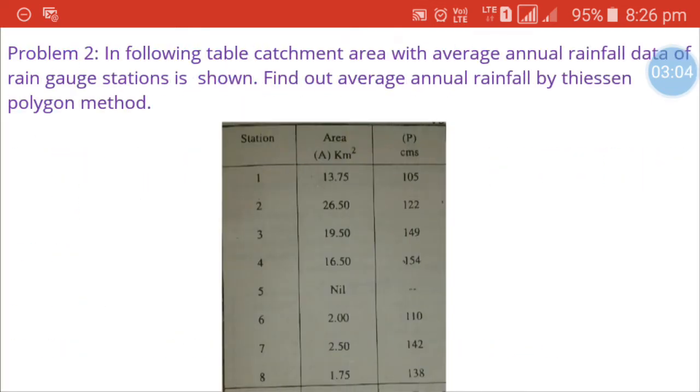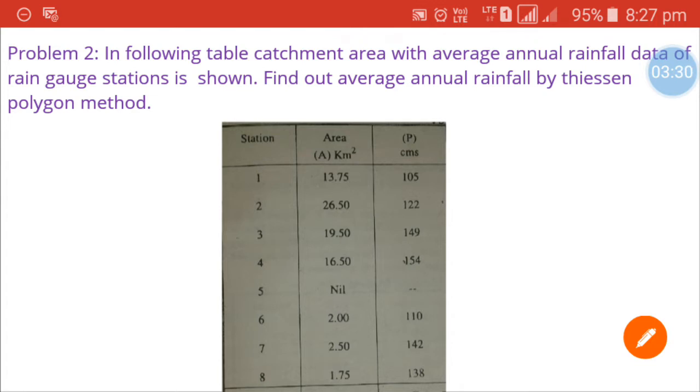So let us see the second problem. In the following table, catchment area with average annual rainfall data of rain gauge stations is shown. Find out the average annual rainfall by Thyssen polygon method. We have already learned the theory of Thyssen polygon method.